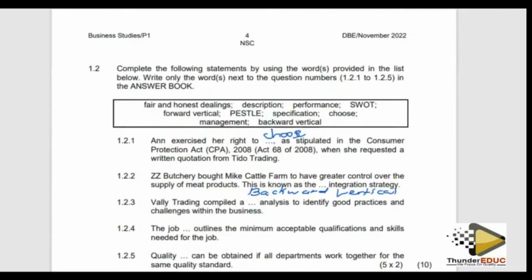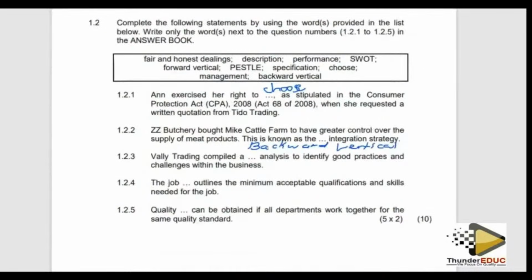So now let's move on to 1.2.3. Value Trading compiled a dash analysis to identify good practices and challenges within the business. This one, as I was actually explaining, it does call for what you call SWOT. So here, our appropriate answer is going to be SWOT.